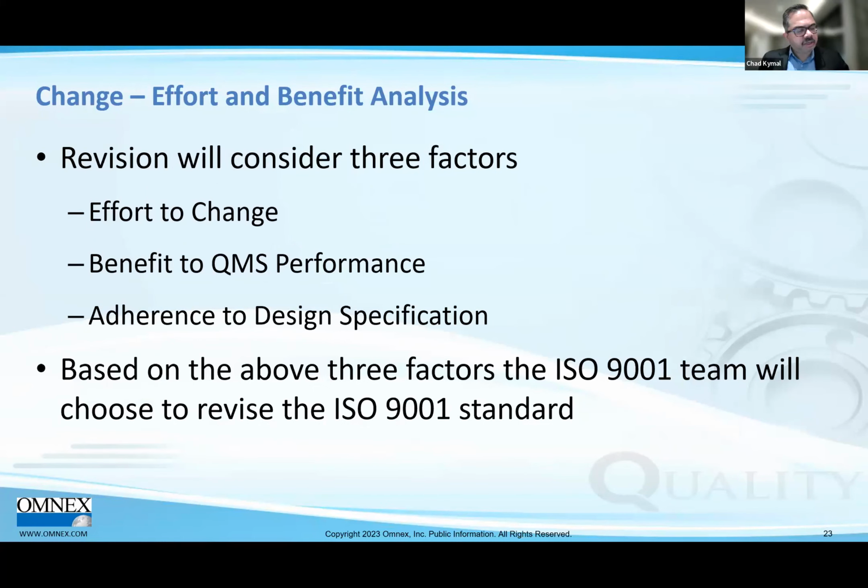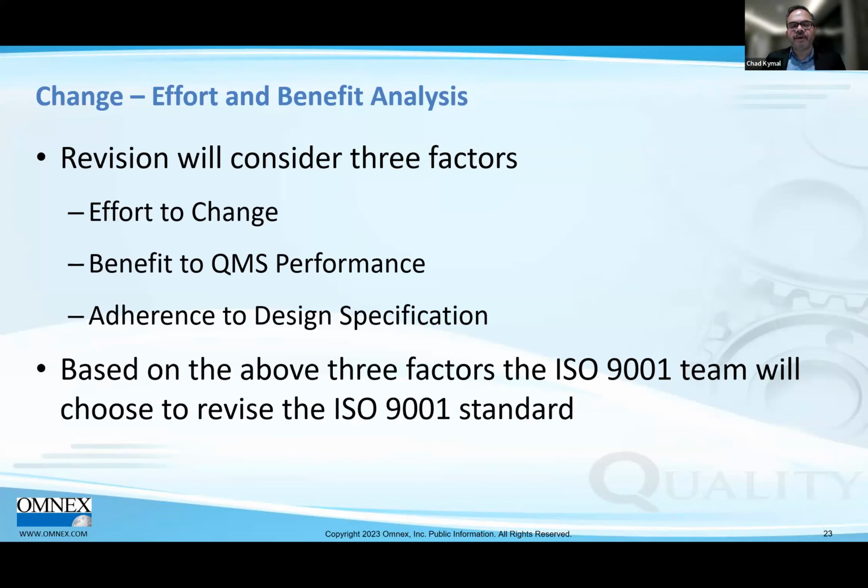And when they do this change, they are going to consider efforts and benefit. And there'll actually be a scoring to make sure of these changes. Number one, what is the effort in your management system? This is our management system in the organizations that are implementing ISO 9001. What is the effort?